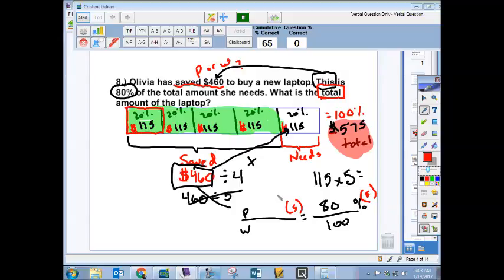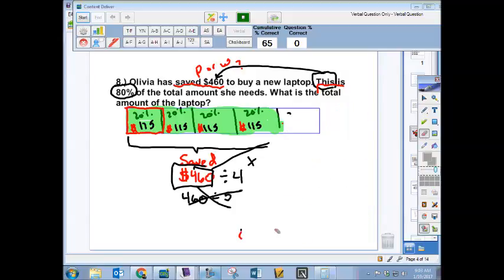Is 460 the amount she saved, or the total amount she needs? Saved. Cross multiply. 460 times 100 is 46,000. 46,000 divided by 80 gives you $575. Everybody see how I'm doing that? Does that make better sense now?